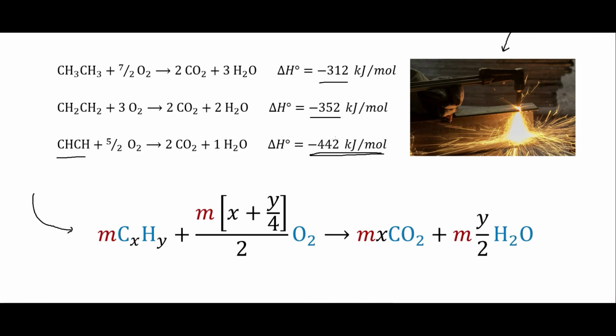So for finding out what coefficients you want to put in front of our combustion reactions. And so we see that the O2 is kind of the most complex one here, but this X comes from the number of carbons, and this Y comes from the number of hydrogens here, and then the M is something we can get from putting it in front of our hydrocarbon there.